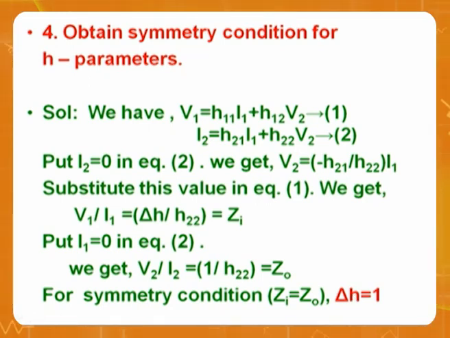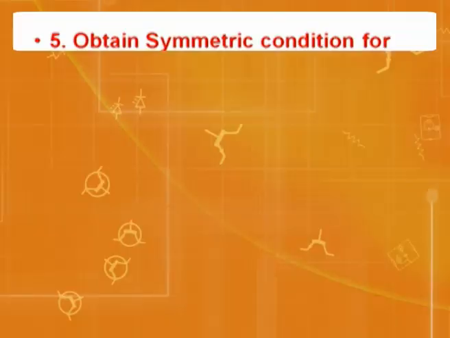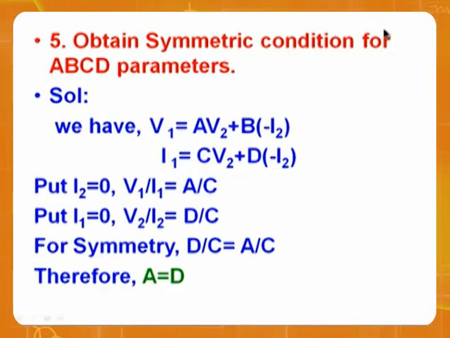So this is about the symmetric condition. I have done some problems on symmetry, and now I'll take you to another problem. Obtain the symmetric condition for ABCD. For ABCD, V1 is equal to this, I1 is equal to this. What to do now? Very simple.